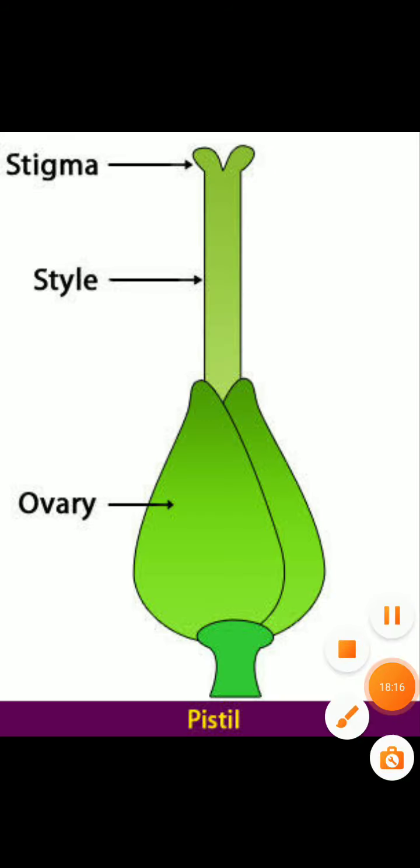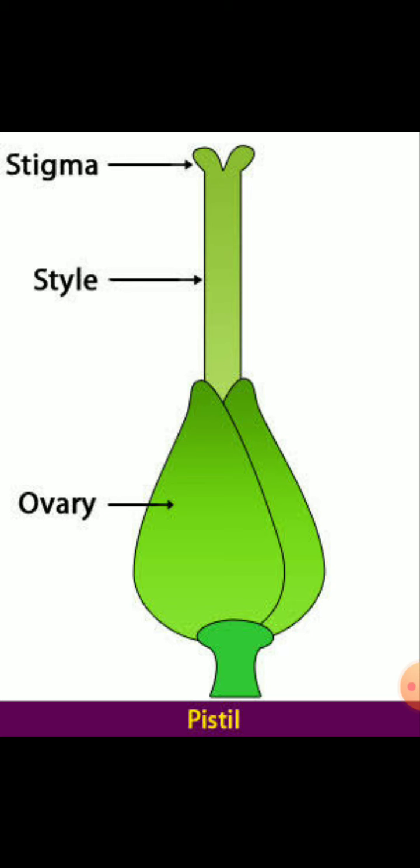For this, there is a female reproductive part of a flower, that is the pistil. It has three parts: stigma, style, and ovary. So the male gamete, pollen, needs to reach the stigma of the pistil.